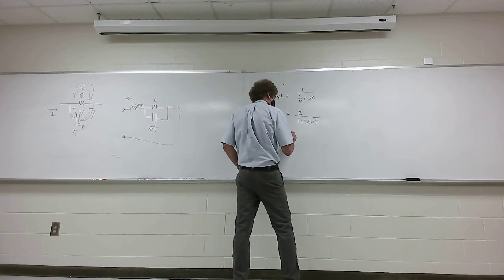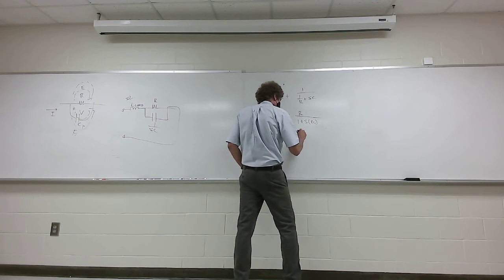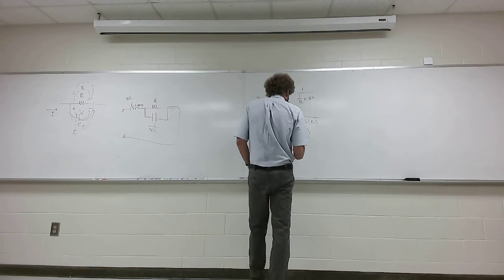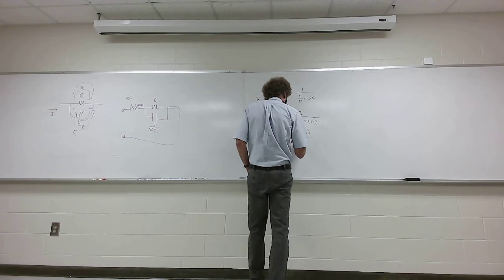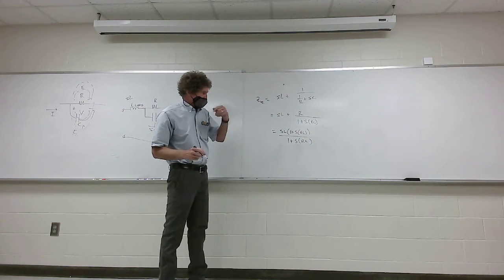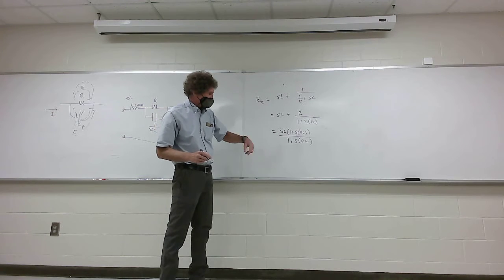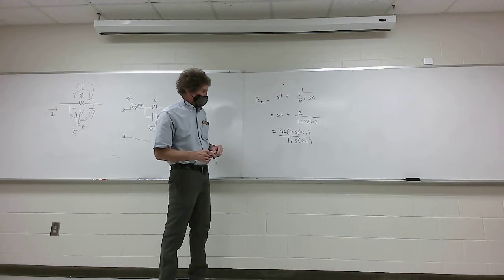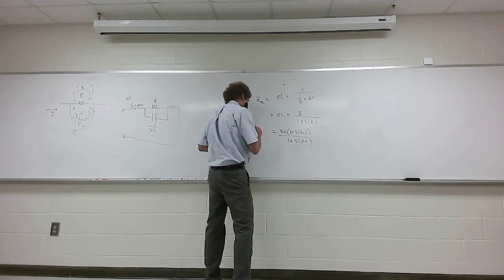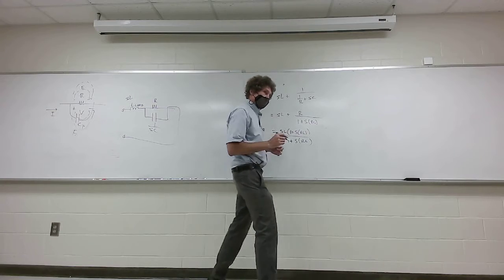You can get SL times 1 plus S times RC here, and then you have 1 plus SRC here, and then I can multiply through by SL, and I can fuss with that, but I'm going to tell you what happens. What they really do most of the time, if this is the impedance Z, right here.